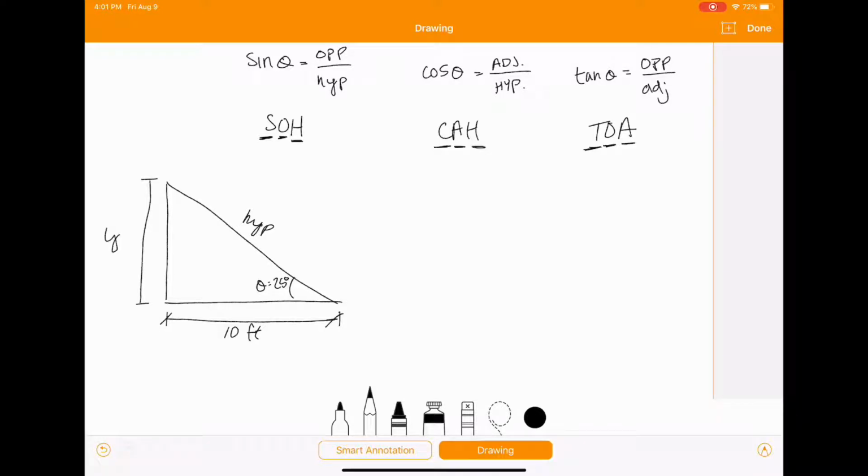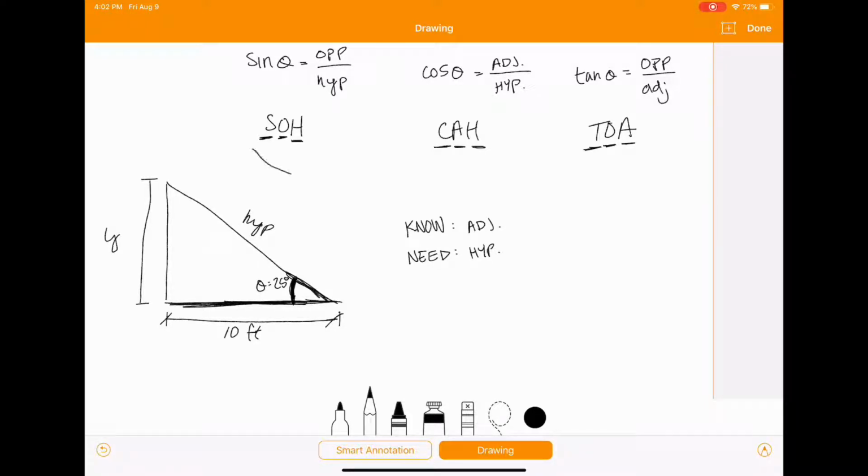All right. So we know which side in relation to this theta. We know our adjacent side because it's the side that's touching that theta. That's not the hypotenuse. So that's our adjacent side. So we know adjacent, and we need, let's go ahead and start with our hypotenuse.